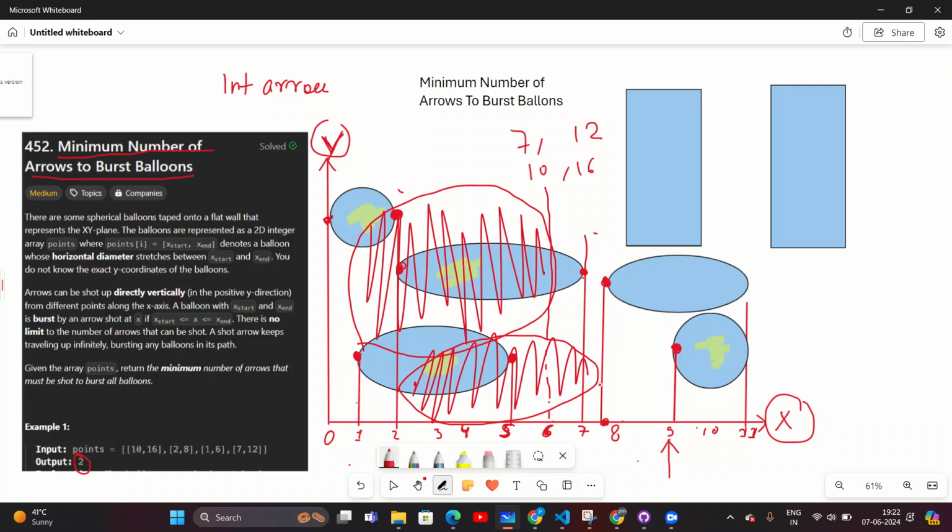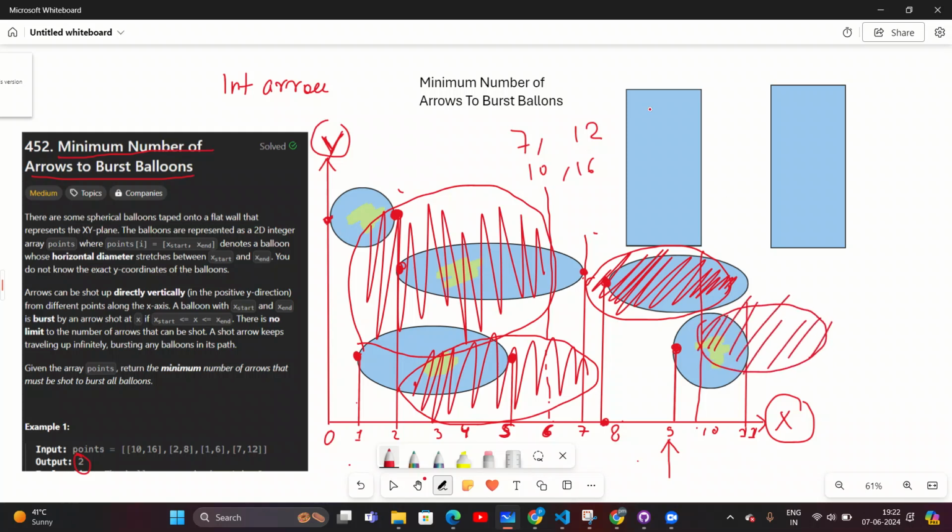So suppose 7 comma 12 is there, followed by 10 comma 16. There is one intersection, so only a single arrow will be required for this case, and a single arrow will be required for the other two balloons, basically. So the answer will be 2.